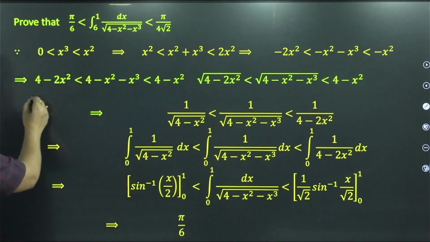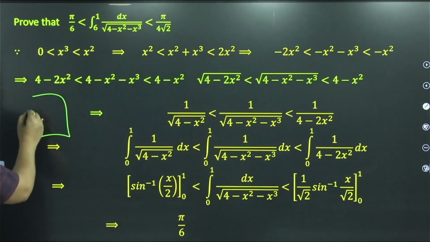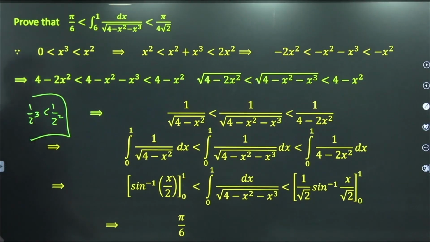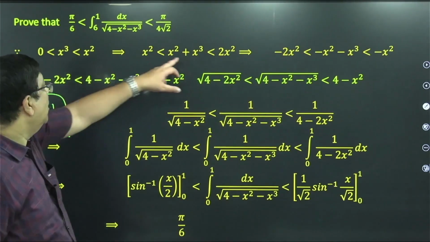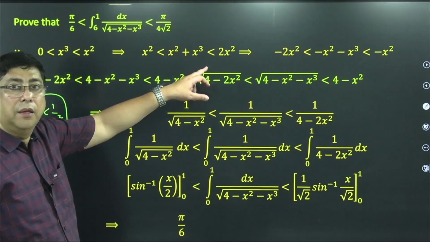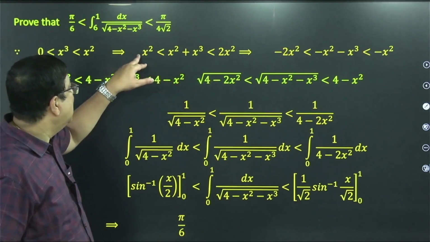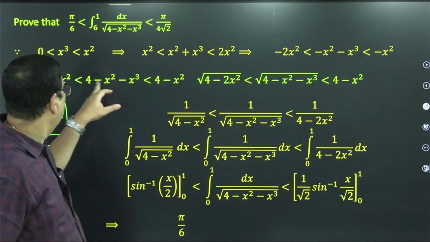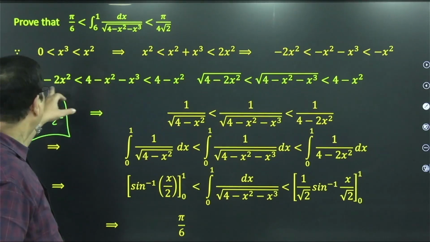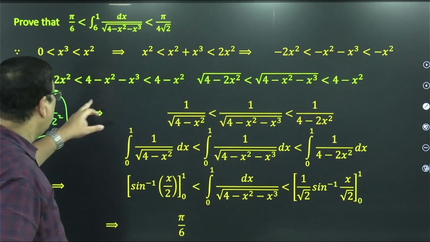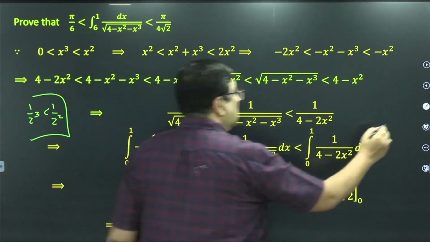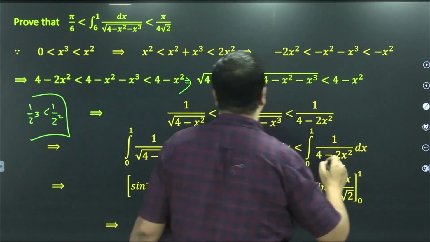For example, x is half, so half cubed is less than half squared. Therefore, if we add x square on both sides... if we add minus, then the sign is changed. We are adding 4, so the sign is the same, and now we take the root. I am changing the color so it is easier to understand.